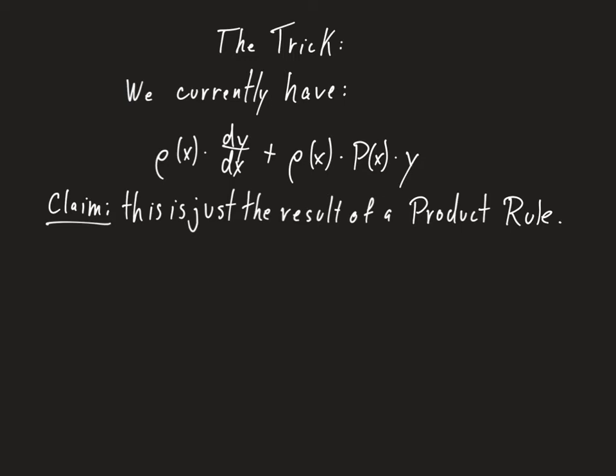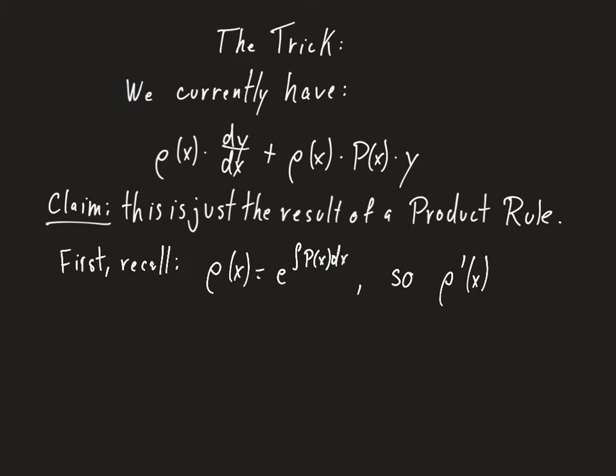Okay, so what do I mean by this? Well, first remember that our rho of x is actually equal to e to the integral of p of x dx. So in other words, rho prime of x is going to be equal to the following.